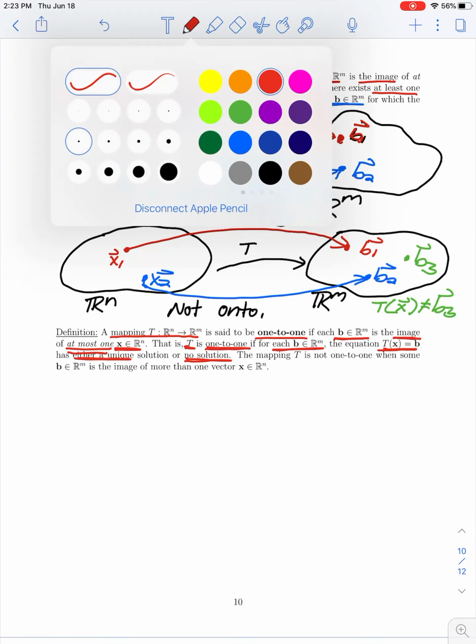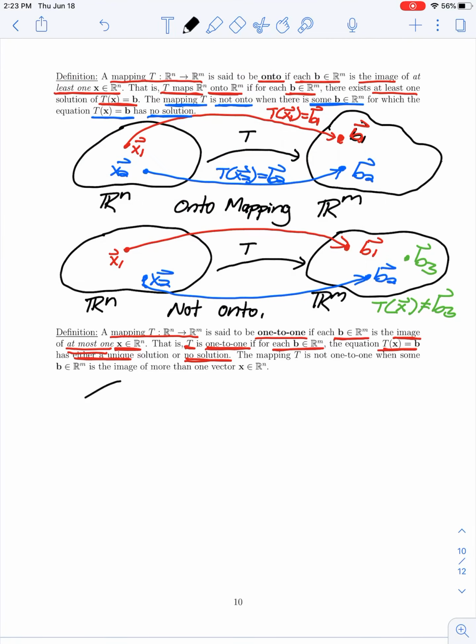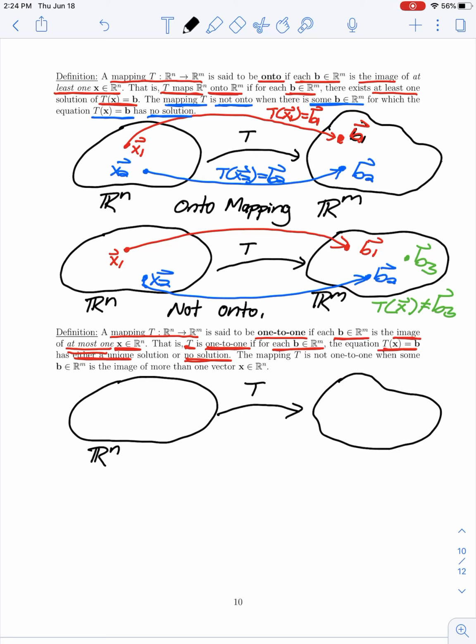So let's try to visualize this here. Let's suppose that we have a domain Rn, which is mapped by T into a codomain Rm.